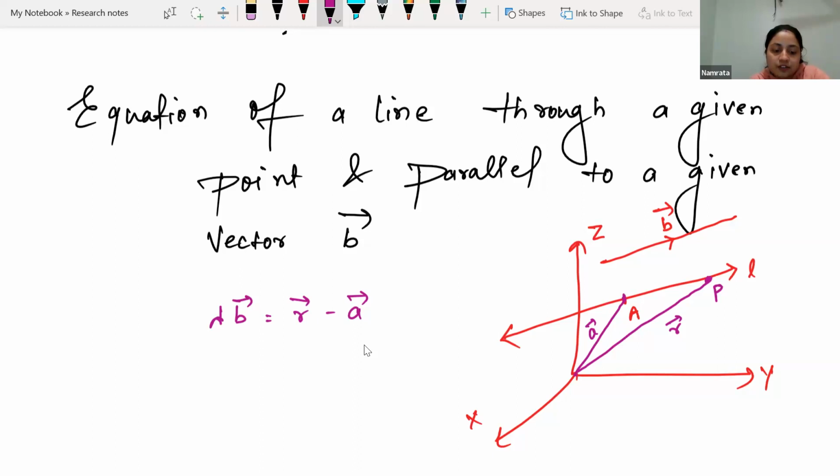Now this is the formula. How will we use this formula? Just a moment, let me take a question.